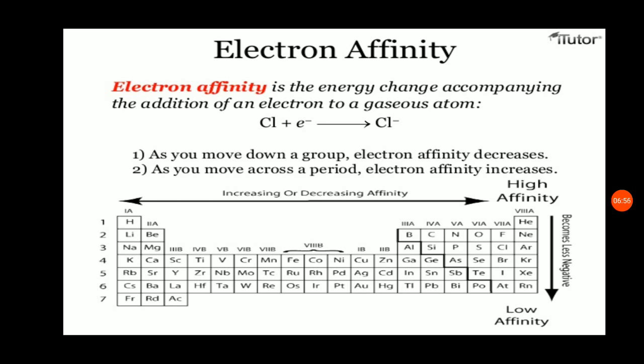So chlorine gains one electron to form an anion.